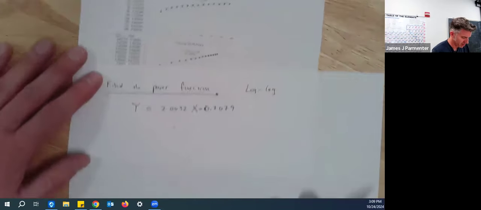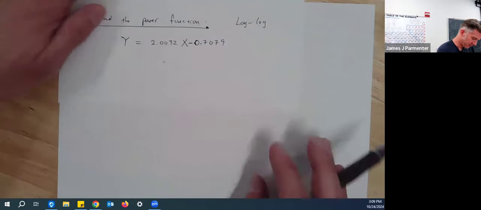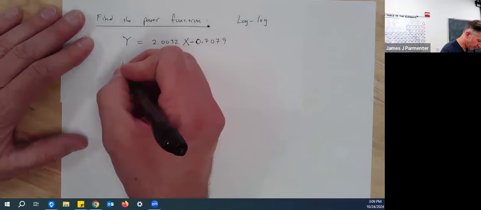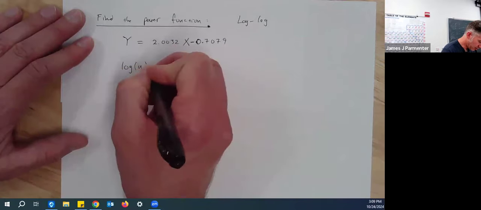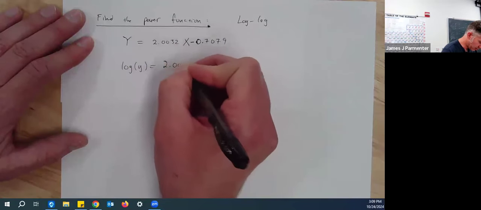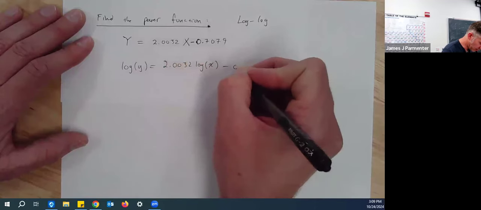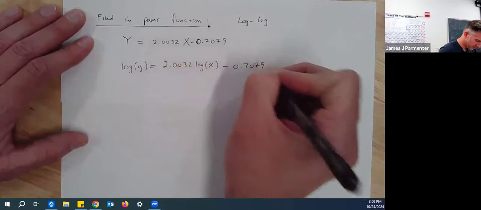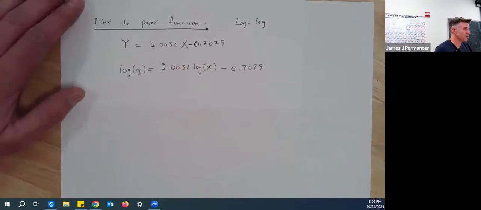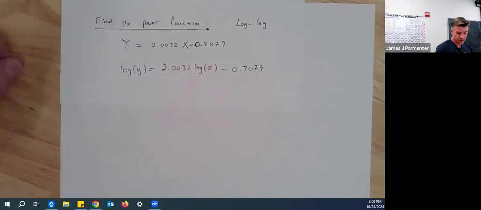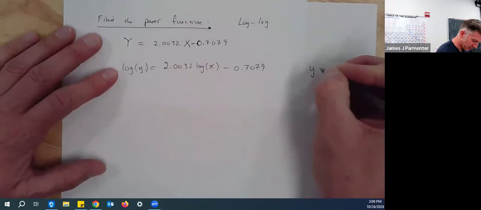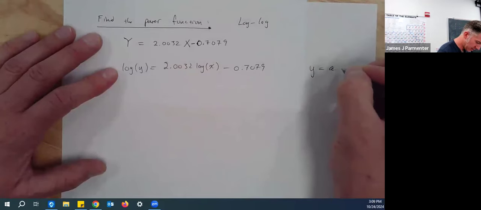So then we're going to say that log of little y equals 2.0032 log of little x minus 0.7079. And then your job is to solve for y, and write it as y equal to some a times x to some power.